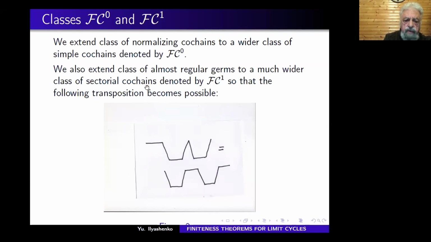And we want to extend the class of almost regular germs to a much wider class of sectorial cochains, denoted by FC1. One, because they are met on level 1.